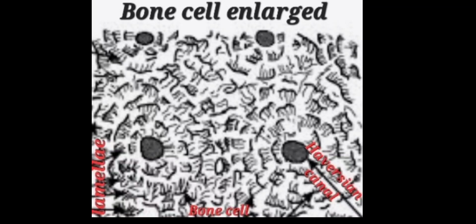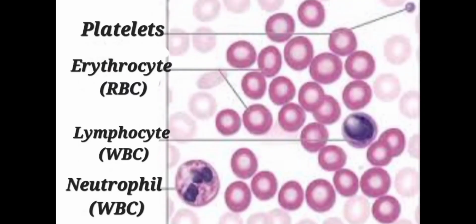Finally, we come to the fluid connective tissue, which is very highly specialized. This comprises blood and lymph. The blood also develops from mesenchyme. The blood cells are surrounded by a non-living matrix, which is called the blood plasma.